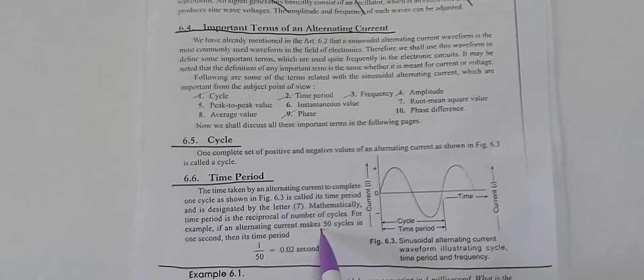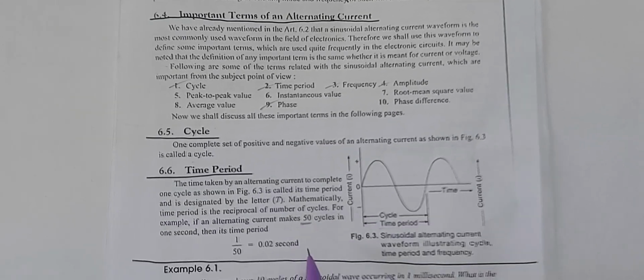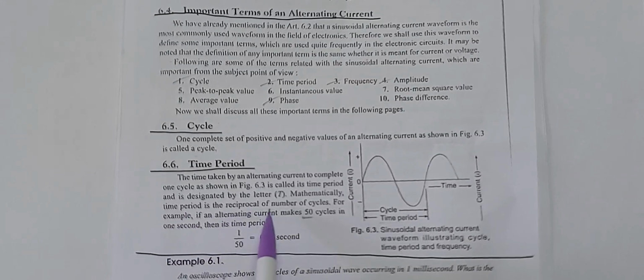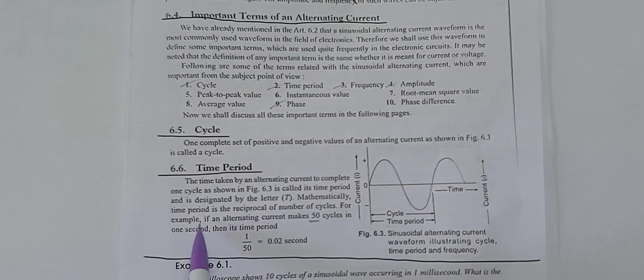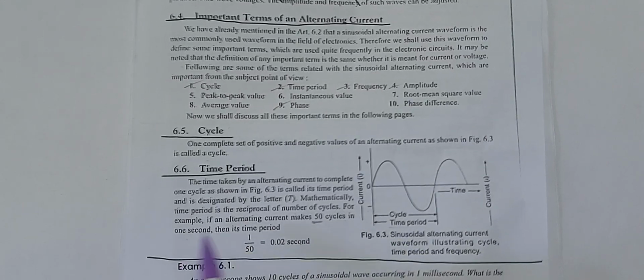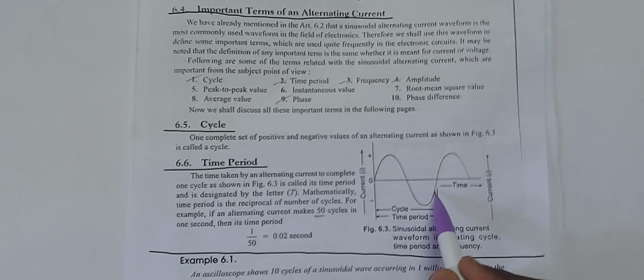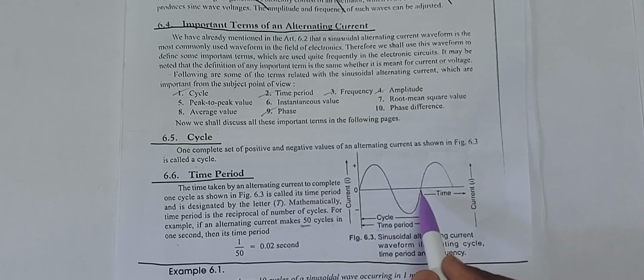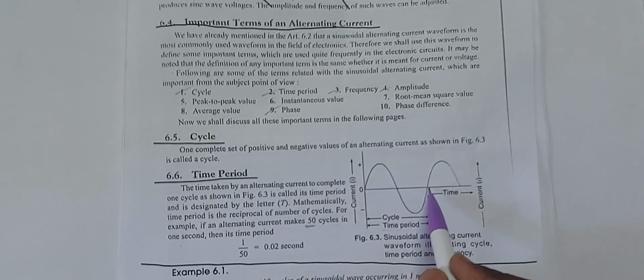Suppose, for example, 50 cycles can be created in 1 second. Mathematically, the time period is the reciprocal of the number of cycles. For example, if alternating current makes 50 cycles in 1 second, here we represent only one wave. What is the time period?